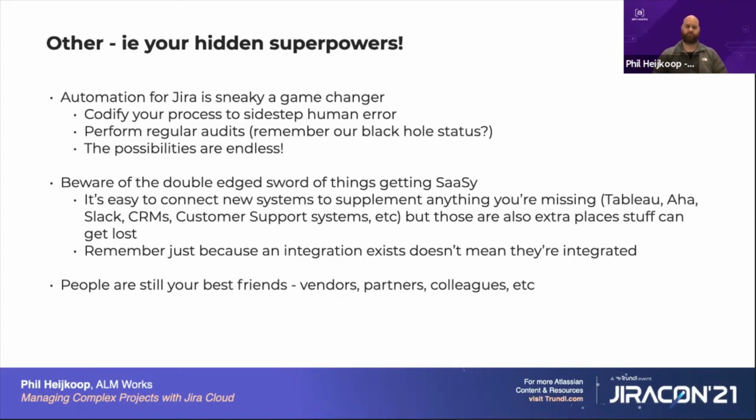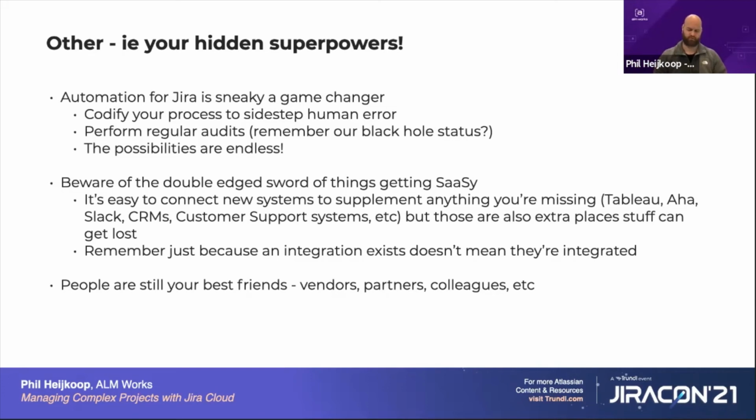And when it's easy to add these systems, it's also easy to lose information in a lot of these places. They become the dark corners. That information's in Salesforce, and this information's in Jira, and this information's in Slack, and this in Confluence. And so you're going to lose stuff, because you're going to be looking for it in one place and it's going to live somewhere else.